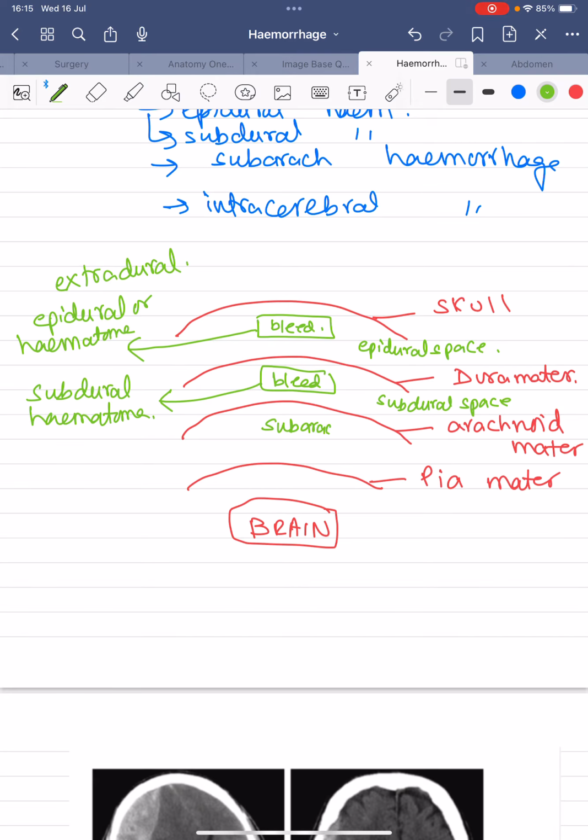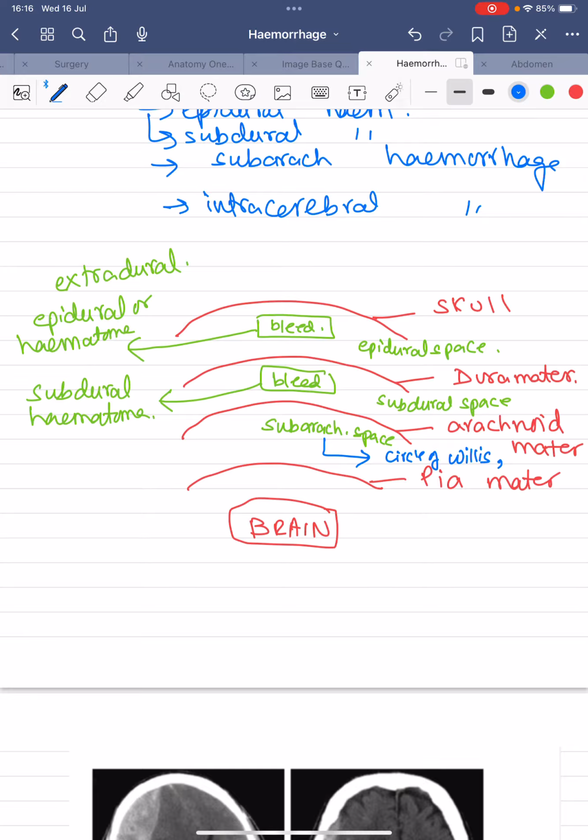Now under the arachnoid mater will be your subarachnoid space. First thing, from your anatomy lecture, you must remember that in the subarachnoid space, the circle of Willis is present, and second, your CSF is present.